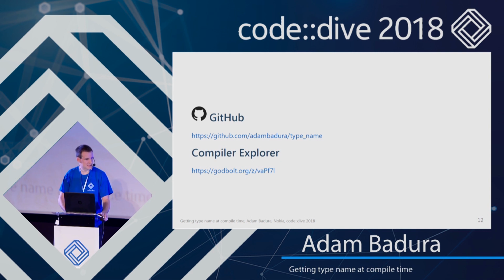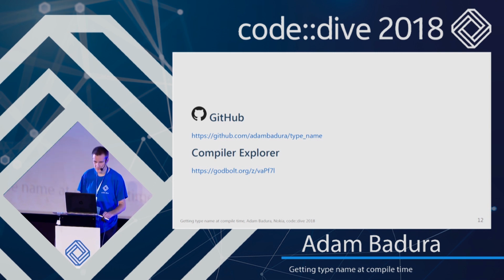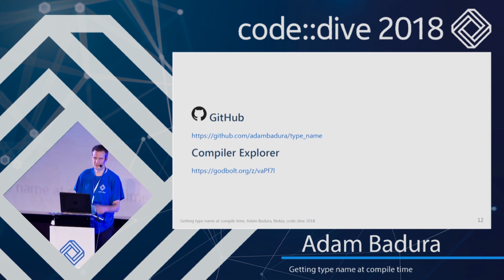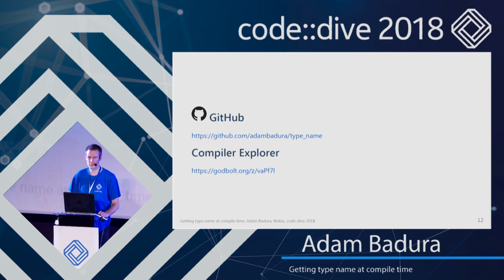The library is placed on GitHub. You can see there how it's implemented. The implementation doesn't really go beyond what I showed you in the function. That's the core of the implementation. There is some variety to support different types of compilers. So to not require the fullest standard, I have done some workarounds to support GCC up to version 7.3 and Clang from version 5.